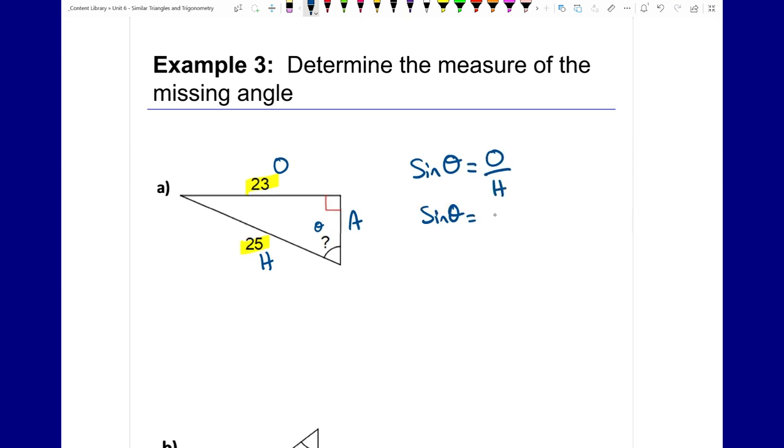Sine theta equals 23/25. I can bring the sine over. Sine -1, or the inverse of sine, is 23/25. And again, you could divide 23 by 25 to get a decimal number and then plug it in. Or if you're comfortable with your calculator, you can do it all at once. You should get 67 degrees.